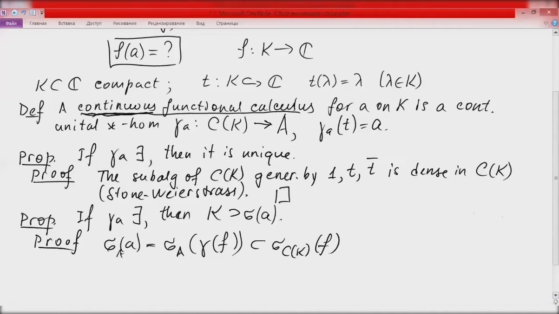Sorry, a is gamma of t, by the definition of gamma.